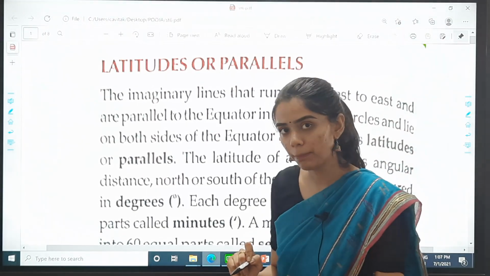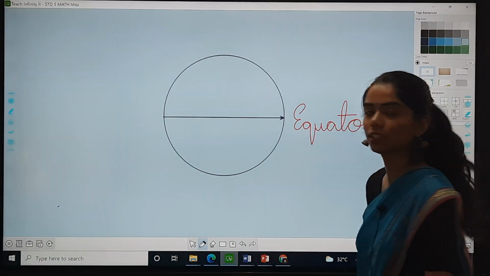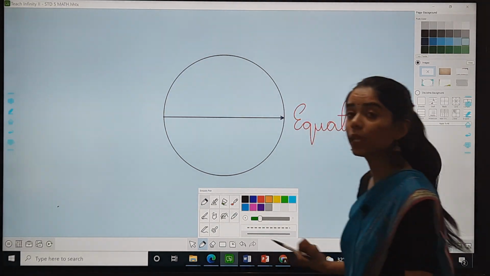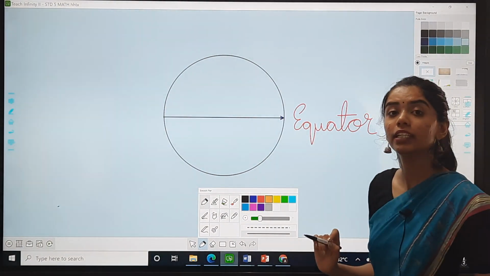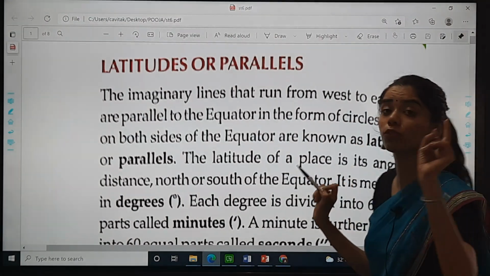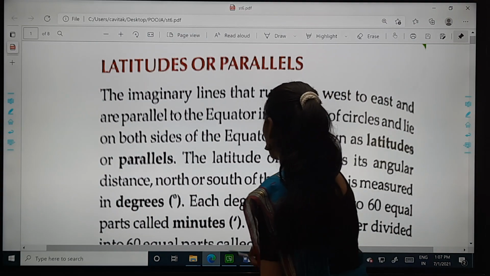Latitudes or parallels. Now we'll draw it so that we'll be able to understand more clearly. The imaginary lines that run from west to east and are parallel to the equator.